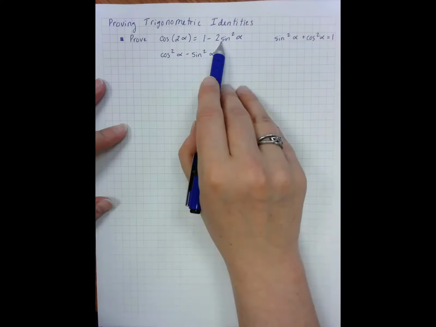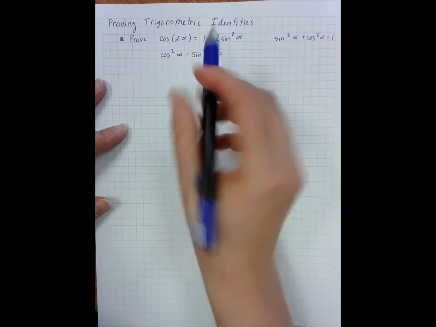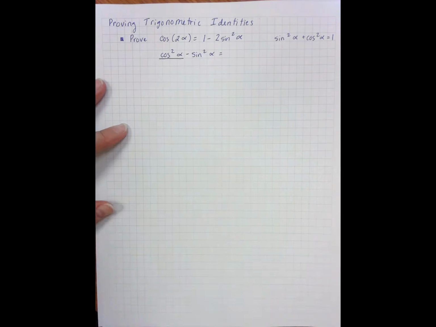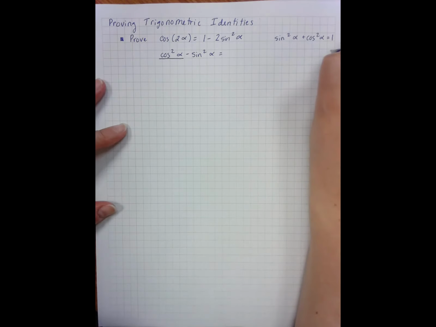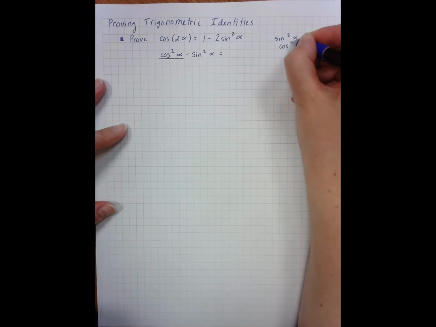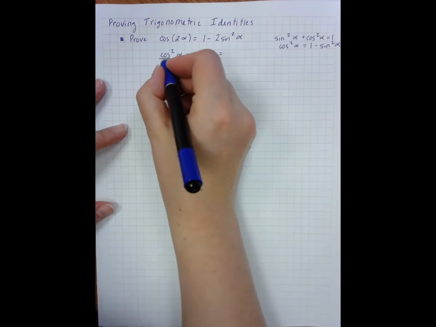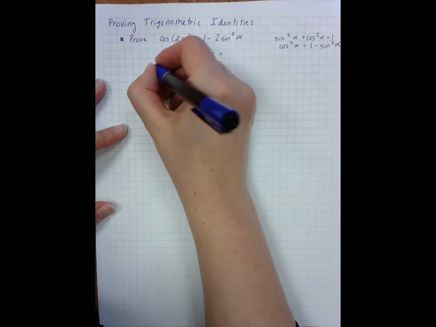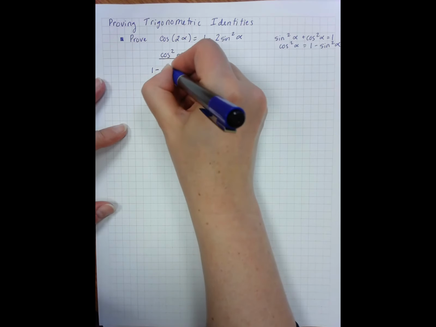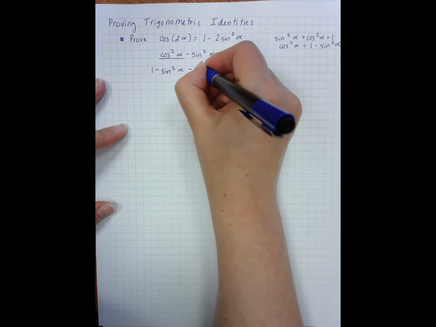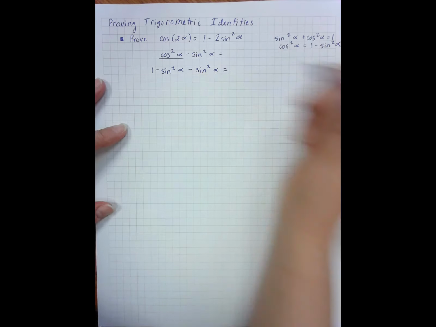And I can see that I really want to have only sines. So I'm going to replace my cosine, which means I need to solve this equation for cosine squared. So when I solve it, I get 1 minus sine squared alpha. So I'm now going to replace the cosine squared alpha with 1 minus sine squared alpha. I still have the sine squared alpha.